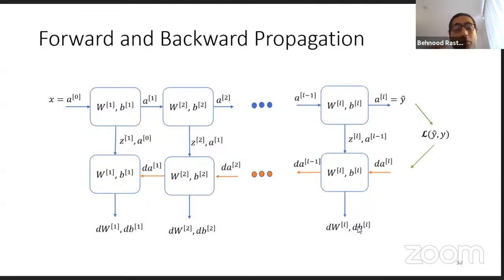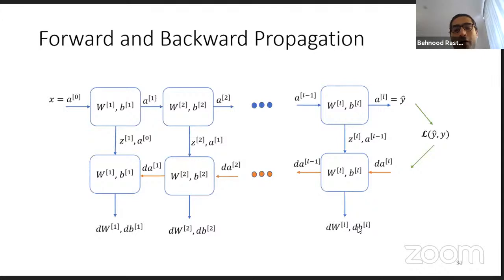First of all, before anything, you need to initialize W and b. Obviously, you need to initialize your parameters, and then you give your sample X through the network, you do all the multiplication, convolution, and calculations, and then you get an estimation, Y hat.